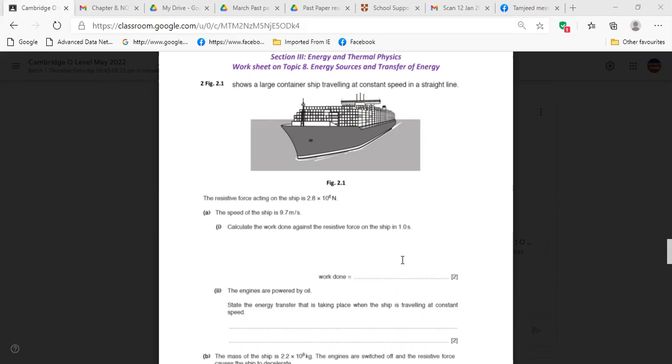Then we have resistive force, 2.8 into 10 to the power 6 Newton. That means we have force, we have time, then we have speed. So how can we find the work done?